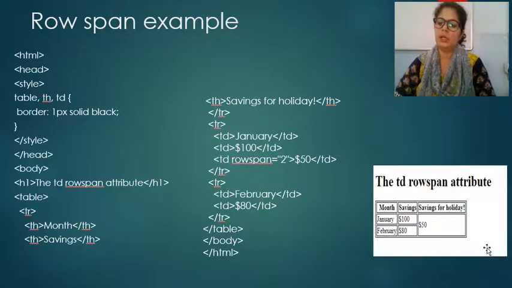Again, look at this table. In the first row there are 3 cells: month, saving, for holiday. In the second row there are 3 cells: Jan, 100 and 50. And the 50 is in a spanned cell. It means we want spanning. Why do we want spanning? Because the saving for holiday for both rows is the same.